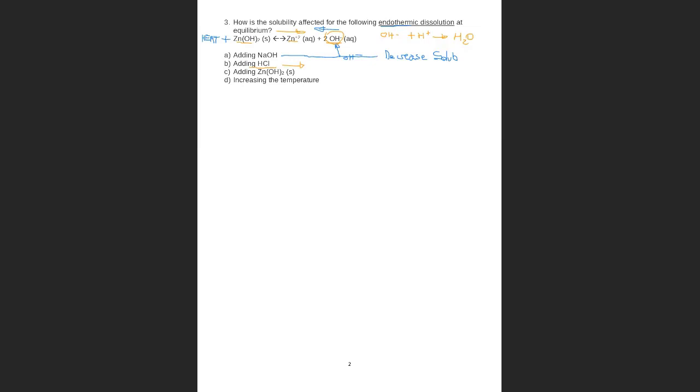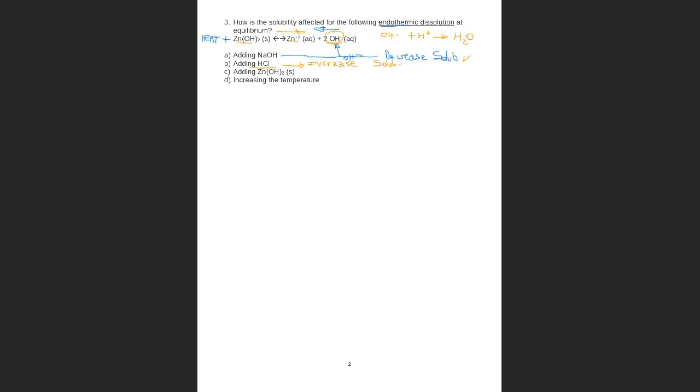It's like removing, instead of adding, hydroxide ions that decrease the solubility. It's the opposite effect. It's basically removing hydroxide ions, so the equilibrium goes to the right and is going to increase the solubility. Any questions so far?